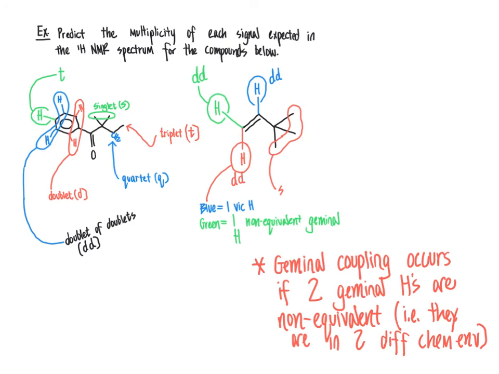We don't have free rotation, and so that allows for geminal coupling because those two hydrogens are non-equivalent. They are not equal to one another. Instead, they show up as two separate signals in the NMR spectrum because of the fact that they're in different chemical environments, so they'd have slightly different chemical shifts, and they also are going to each engage in their own set of splitting patterns as well.